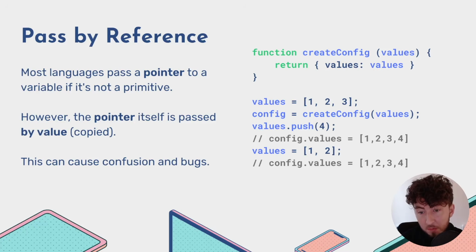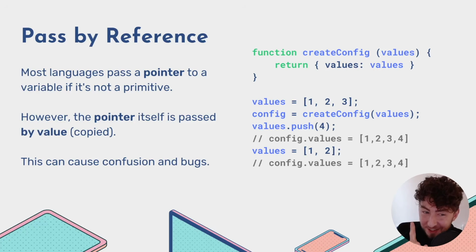Because push actually mutates the array, it modifies the data, you can see that the config values have changed as well, right? Unlike the primitive value that was passed by value before, we're passing the array by reference, which means that inside the function, we're referring to the same array as outside the function. So we have a single source of truth here.